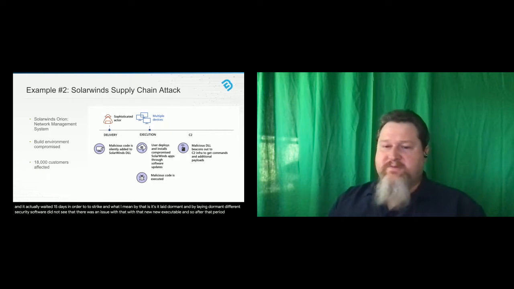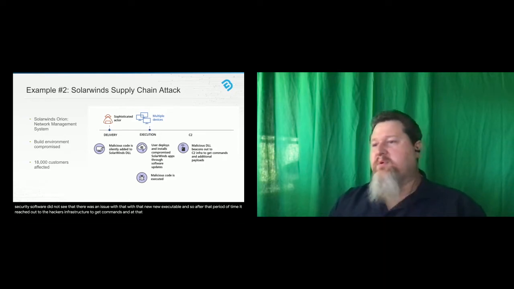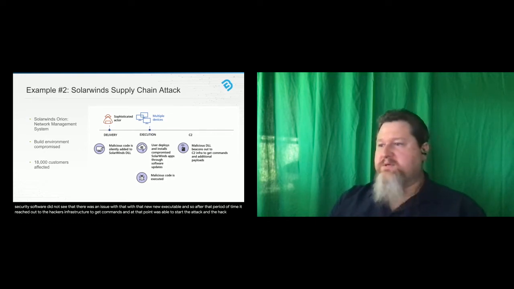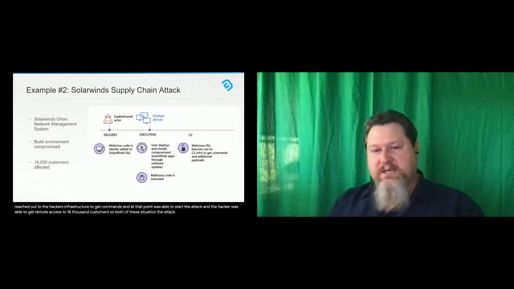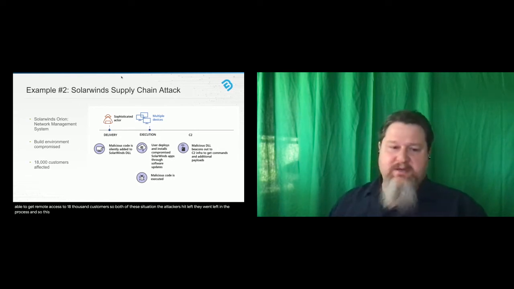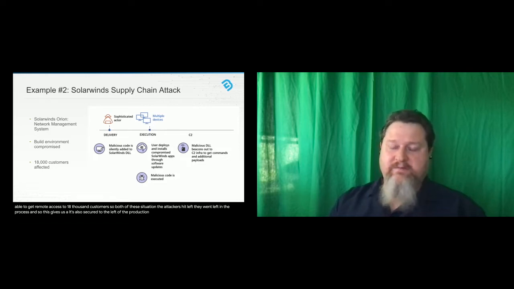After that period of time, it reached out to the hacker's infrastructure to get commands, and at that point was able to start the attack, and the hacker got remote access to 18,000 customers. So in both of these situations, the attackers went left in the process, which gives us an incentive to also secure to the left of the production environment.